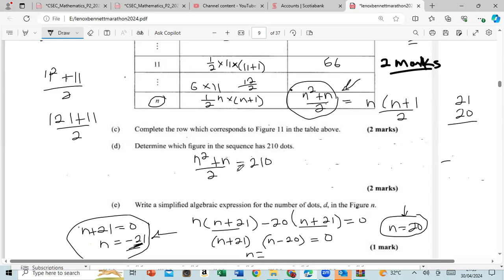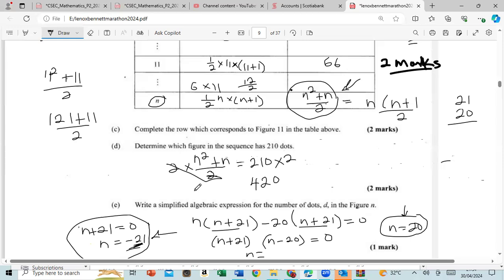The first thing I want to do is get rid of the fraction, the denominator. So I do the inverse and multiply by 2. What you do to one side, you have to do to the other side. So I cancel off my 2, and when I multiply, I end up with 420 on this side.